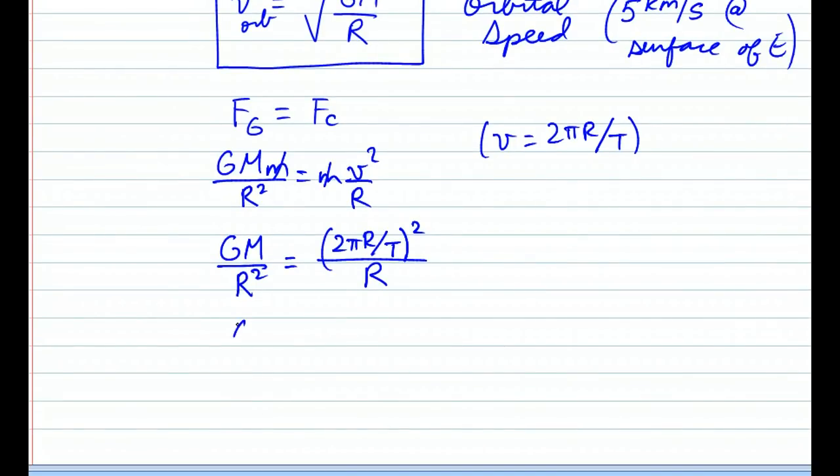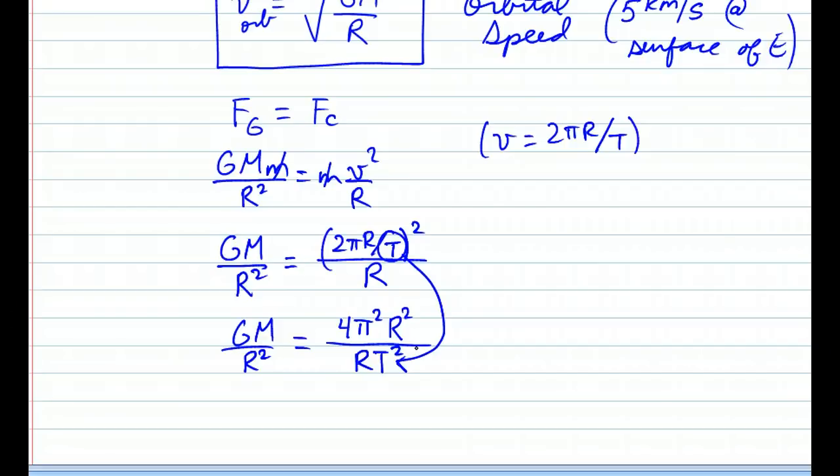Okay, so I continue with this. GM over R squared is 4 pi squared R squared over R T squared. So this T right here got squared and came to the denominator. Hope you see where that happened. Okay, now I can start canceling things out.